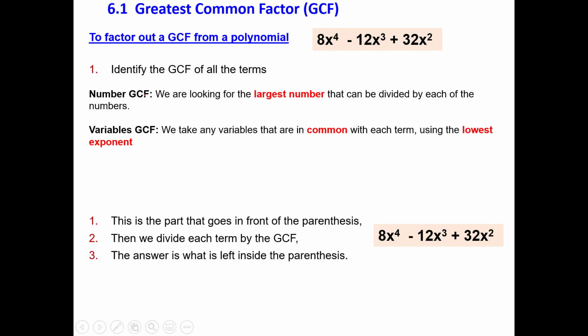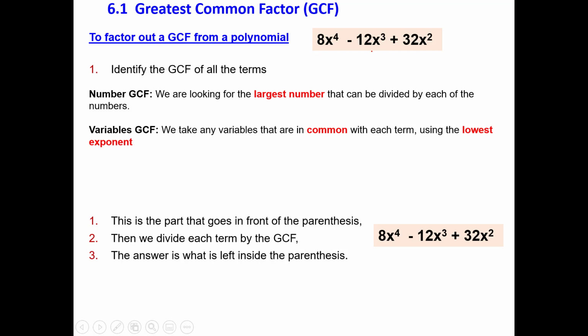For the numbers, we need to find the largest number that can divide each of the numbers. And we want to find also the greatest common factor of the variables. Then we take any variable that is in common with each term, using the lowest exponent. And this is how we can get the greatest common factor for all the terms.